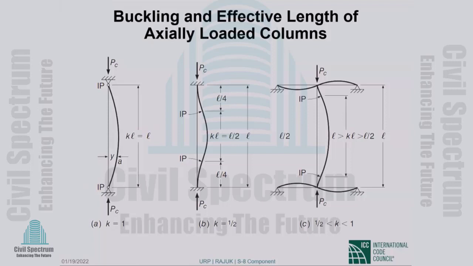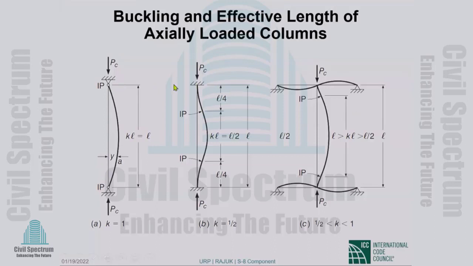Here, the ends are fixed. So there is no translation possible, and the rotation also is restrained. In that case, this portion between inflection points is similar to that. So K is 1/2. KL, the effective length, is 1/2 of the length of the column.